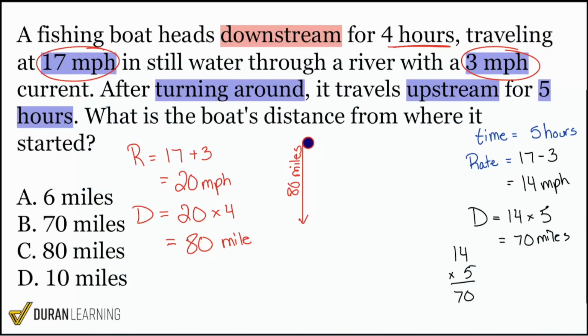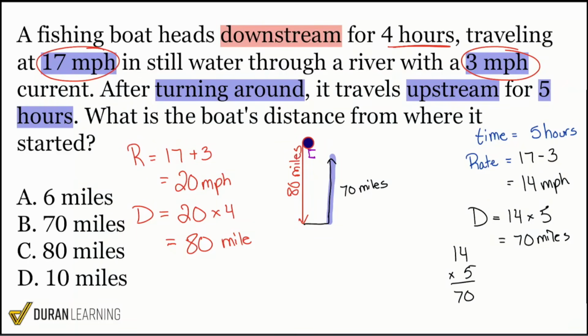Because remember, when we turn around and we go back upstream, we see that this blue from right over here, that is 70 miles. And so everyone help me out. If we go 80 miles away and then 70 miles back, what is the distance from the beginning?